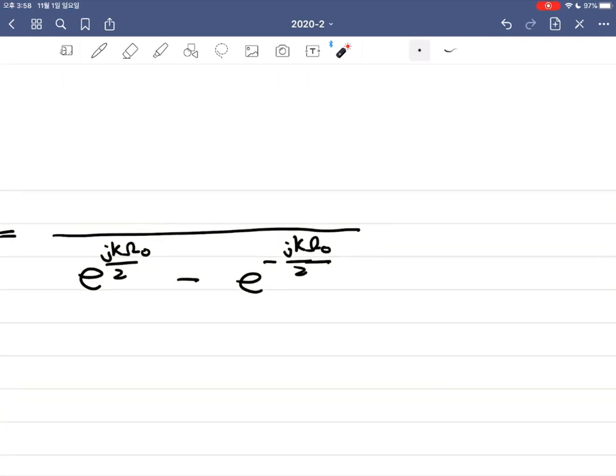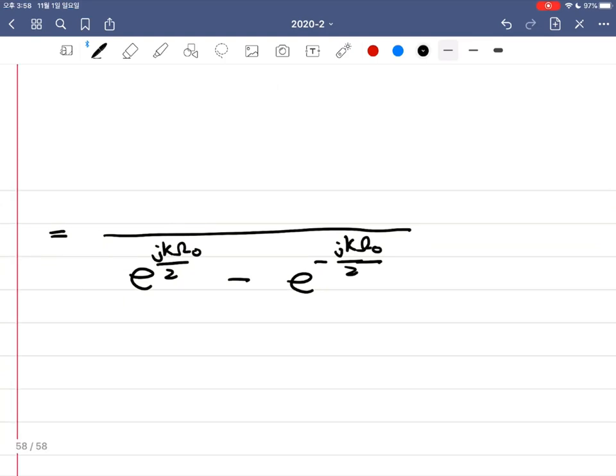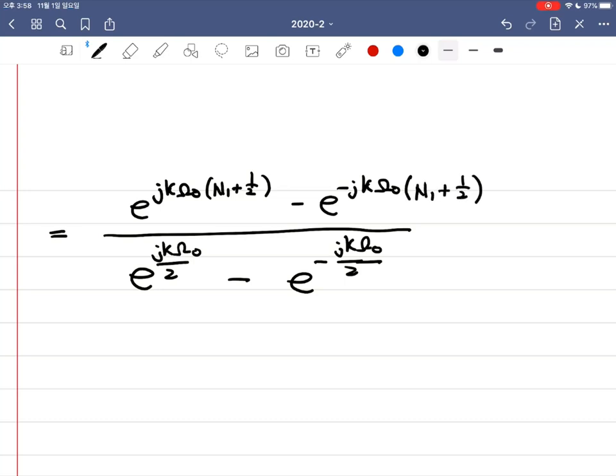And for the numerator, you will have e to the jk omega 0 with n1 plus 1/2 minus e to the minus jk omega 0 with n1 plus 1/2. I just moved this minus n1 to the front.